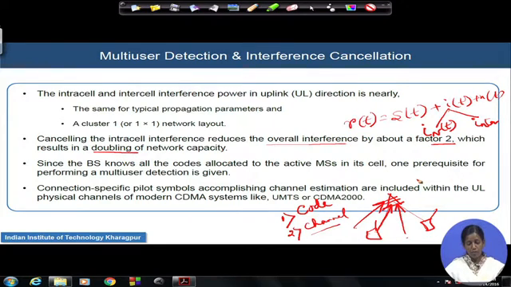Hence, it seems that multi-user detection and cancellation is heavily possible in the uplink direction, and this is really used also in modern code division multiple access systems like CDMA 2000 or UMTS.